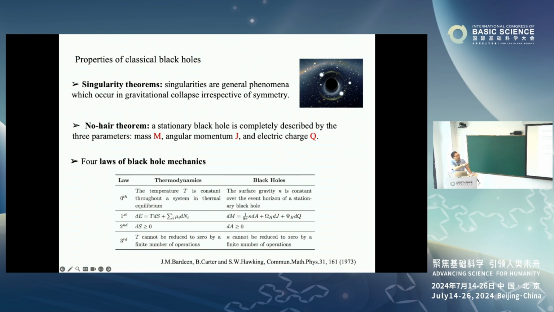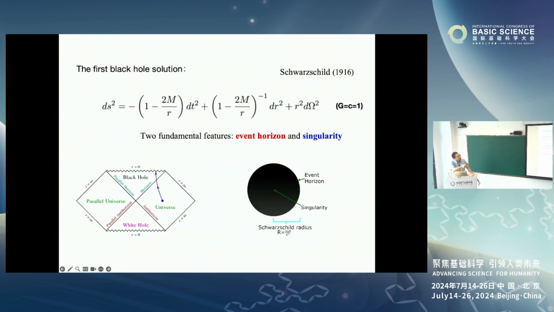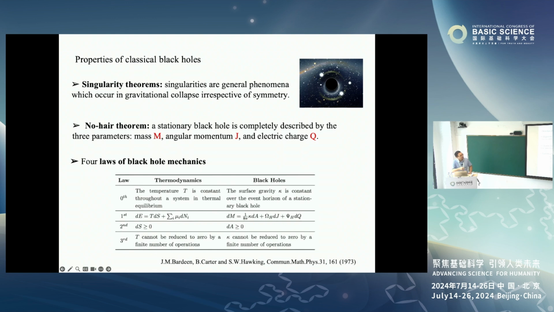They tell us that the singularities I just mentioned are general phenomena in general relativity which occur in gravitational collapse, independent of the symmetry of the system. The last solution has spherical symmetry, but it does not matter, since singularities occur ubiquitously in general relativity. That is a very famous work by Penrose.